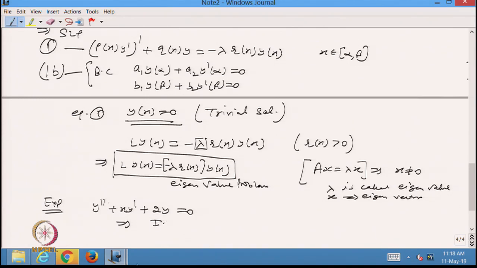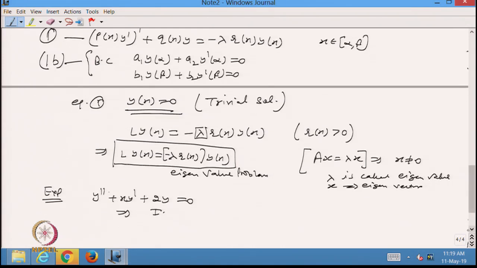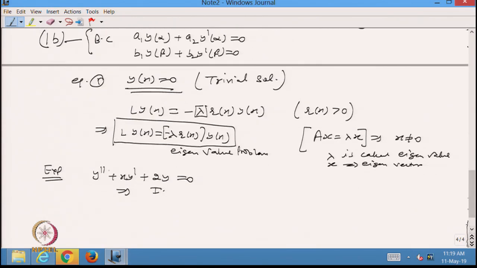Because you know that this is not of the self-adjoint type, since the coefficient of y'' is 1 and the coefficient of y' is x, I can take the integrating factor as e^(integral of x dx), where x is the coefficient of y'. So, I can write e^(x^2/2), and then I multiply this equation by that e^(x^2/2).